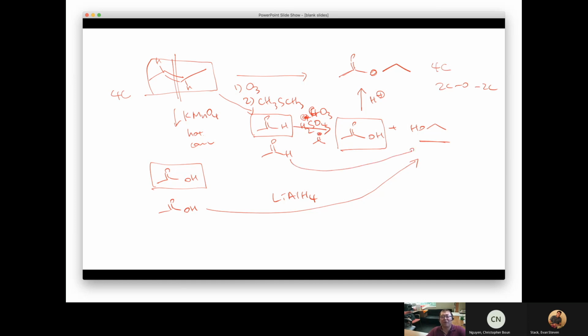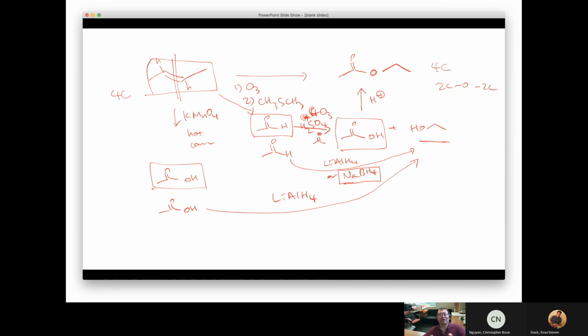But for this part we need to reduce the aldehyde to the primary alcohol. Because it's an aldehyde, you can use lithium aluminum hydride, but you can also use sodium borohydride, because an aldehyde can react with sodium borohydride. It's much easier with sodium borohydride because it's much safer. Lithium aluminum hydride is too powerful, so you just have to be careful using it.